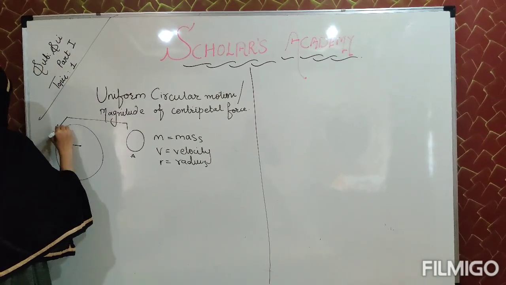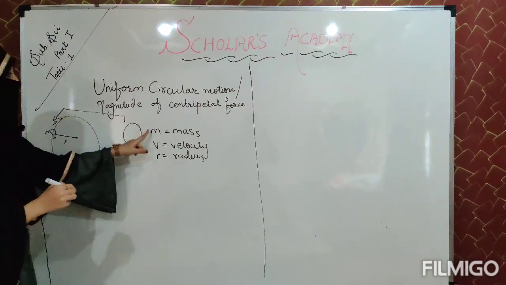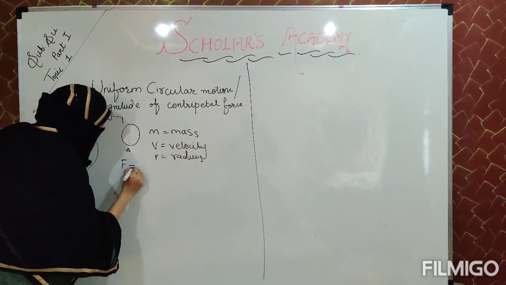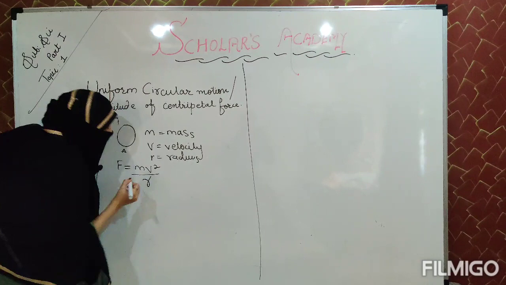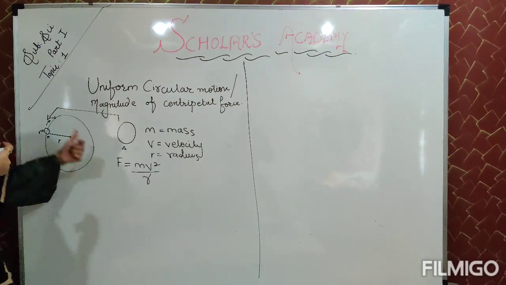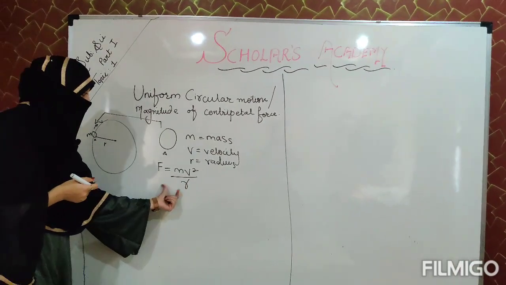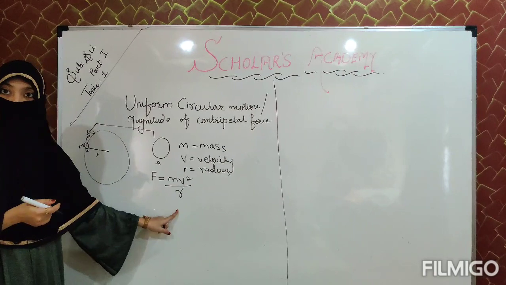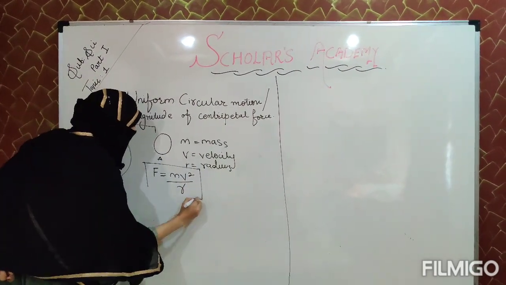It is moving with a velocity v and it has mass m. If an object has these criteria, then the centripetal force will be equal to mv square divided by r. It is the equation for centripetal force for an object with mass m, velocity v, and radius of the circle r.